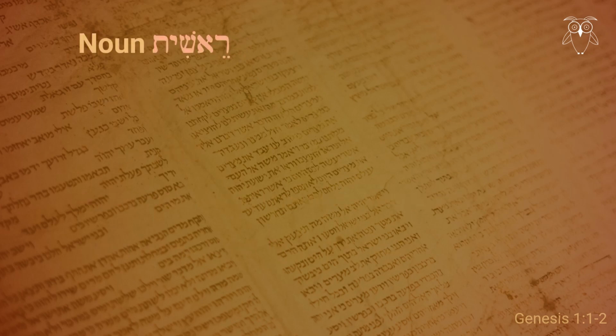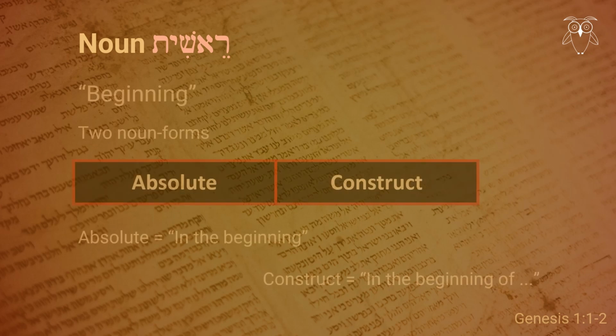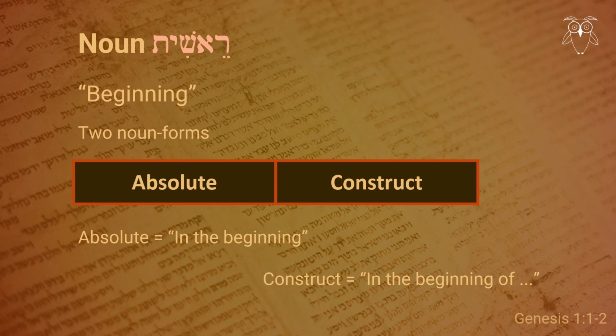And this brings us to the noun reshit, which means beginning. At this point, I'm going to have to explain something about the forms of Hebrew nouns, because there are two different forms a noun can take, the status absolute and the status construct.